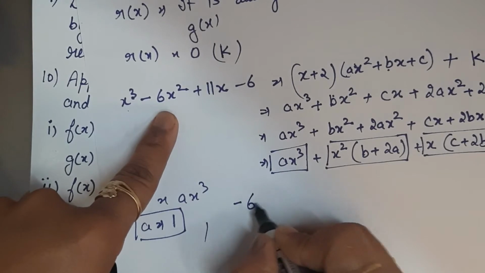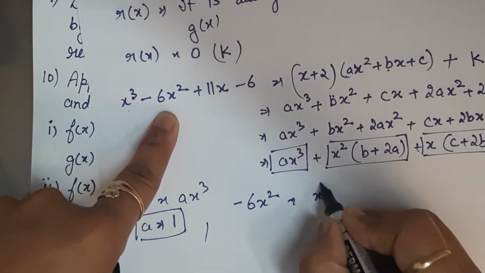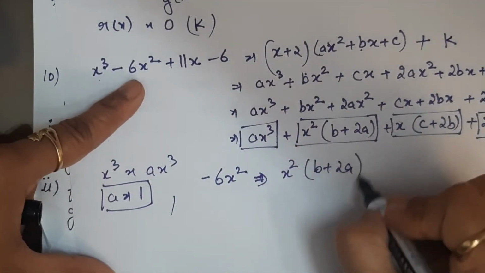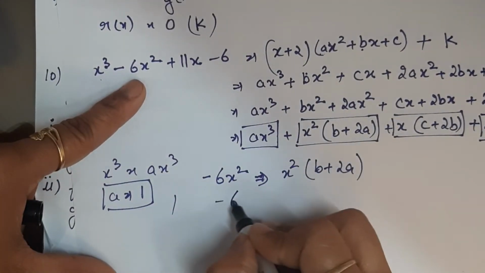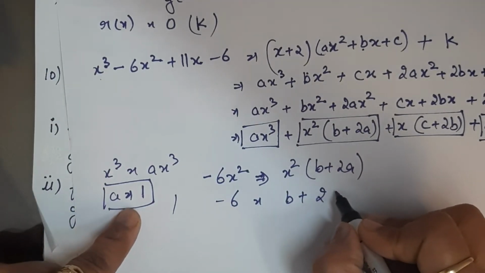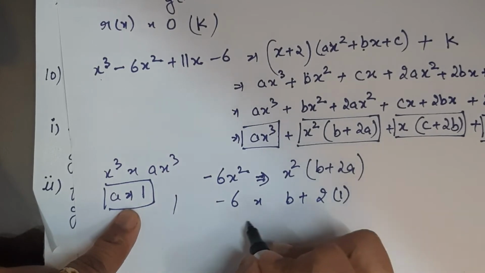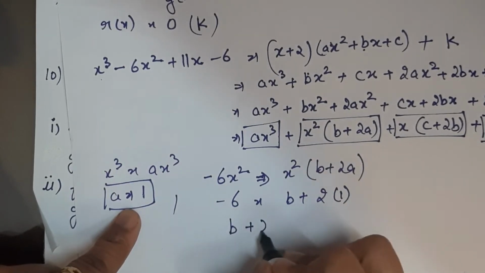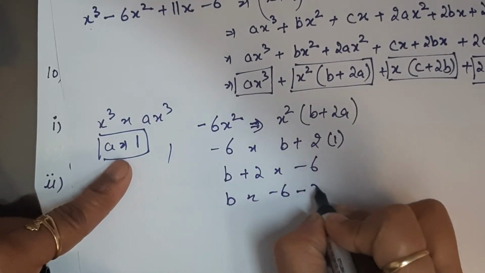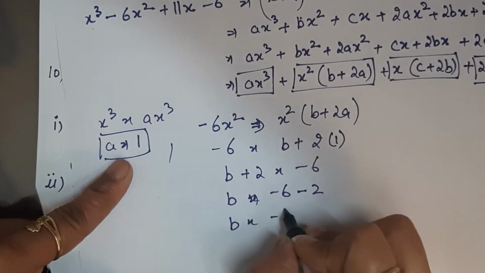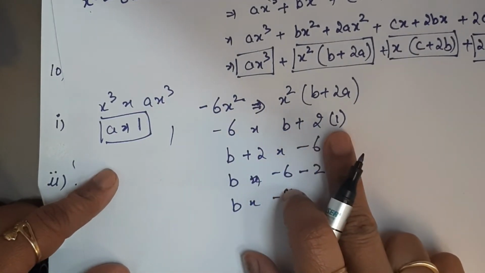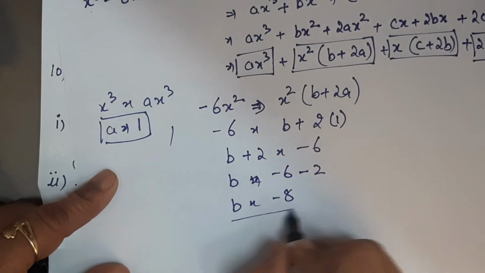Next, it is -6x² equals x²(b + 2a). Now x² cancels out, -6 equals b + 2a, we know a is 1, so put 1 over here. See, so b comes out to be -6 - 2, which is -8. Have I done it right or wrong? Right. So b comes out to be -8.